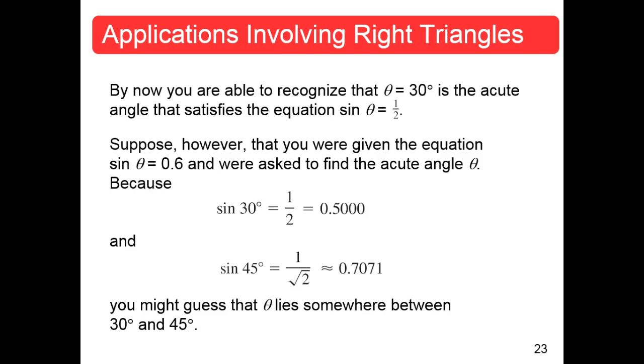Suppose, however, that you are given the equation sine theta is equal to 0.6, and you are asked to find the acute angle theta. Well, you know that sine 30 is 1/2, and sine 45 is 1 over root 2, or root 2 over 2, which is 0.707. So you can guess that theta is somewhere between 30 and 45 degrees.